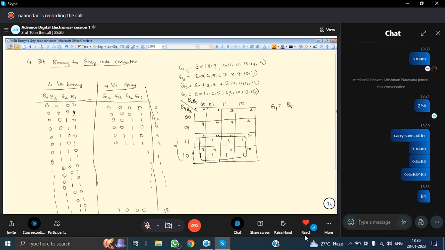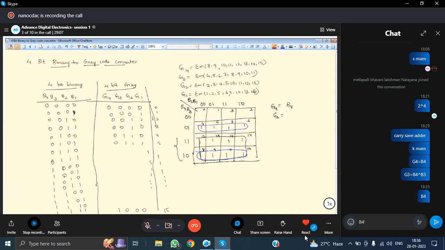And similarly let's see G3 here. If you see G3 is equal to what? 4 5 6 7 8 9 10 11. Here I am plotting it. See 4 5 6 7, 8 9 10 11. Look at this.